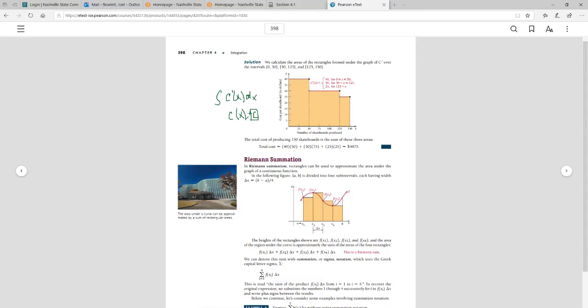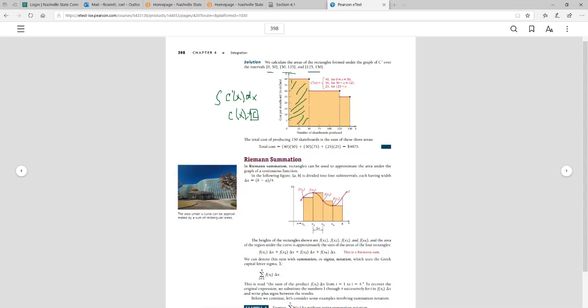We're working with 0 to 50, 50 to 125, and then 125 to 150. And remember that when you take the antiderivative of the marginal cost, it gives you the accumulated total of the cost, which is the area of the rectangles.